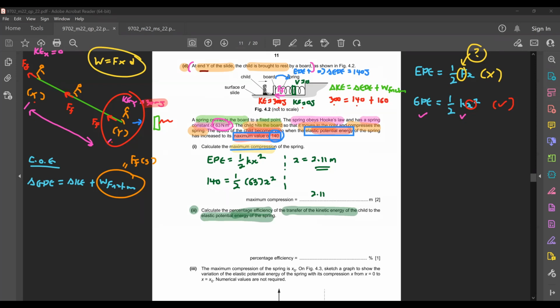Now, if you look back at what the question wanted, they want the percentage efficiency of the transfer of kinetic energy of the child to the elastic potential energy of the spring. From the diagram above, you can see that initially the kinetic energy is 300 joules, but not all of it was converted to elastic potential energy at the end. Only a fraction of it was converted. So in your case, the percentage efficiency really refers to the fraction of kinetic energy that was converted into elastic potential energy.